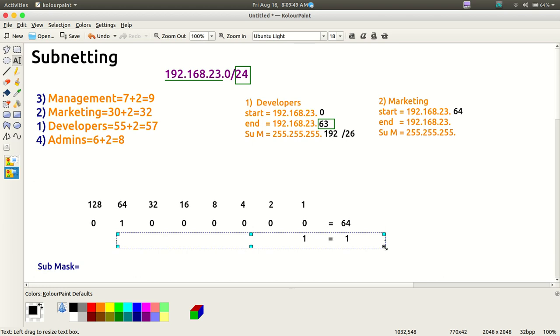This IP address 1 is already a part of the developers department, and it doesn't sound usual to start on 64 and end on 1. If you start on 64, you can end on 65, 69, or maybe 100 or 200, so the ending value should be greater than the starting value.